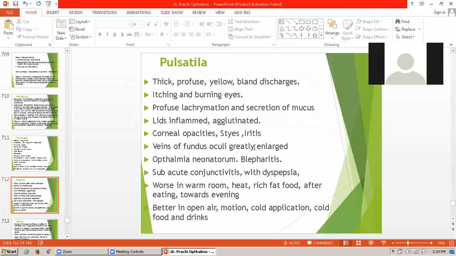Iritis, veins of the fundus oculi greatly enlarged. There is ophthalmia neonatorum, blepharitis with subacute conjunctivitis, with dyspepsia. Pulsatilla is worse in a warm room, from heat, rich fatty food, after eating, and towards evening. It is better in open air, motion, cold application, cool food and drink.